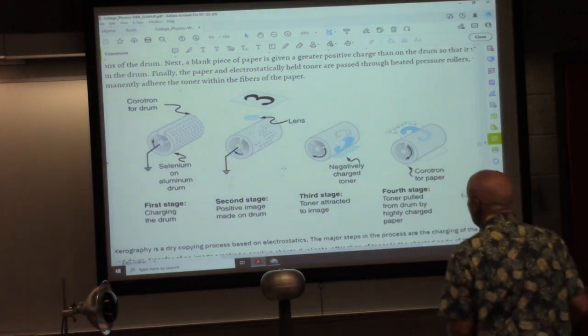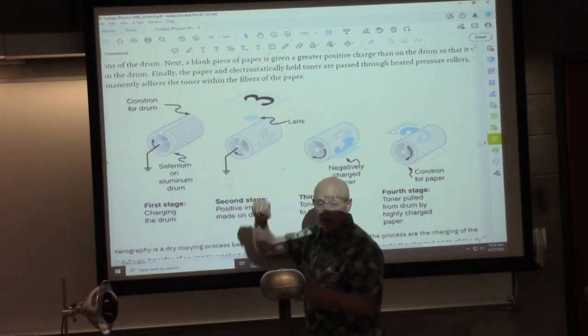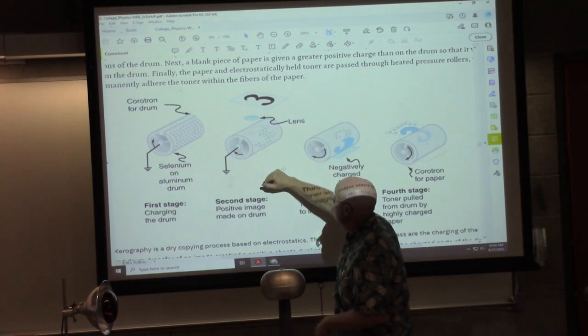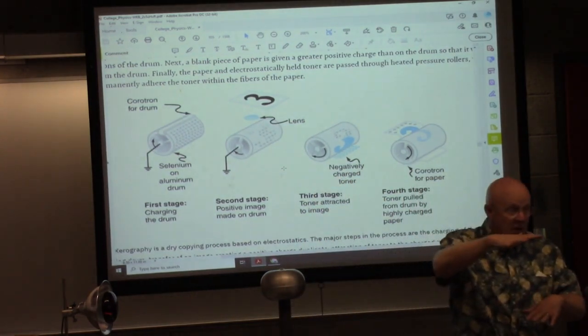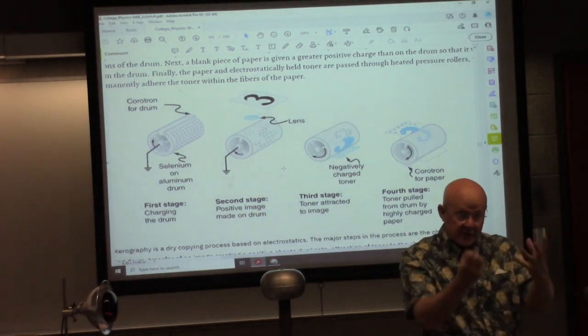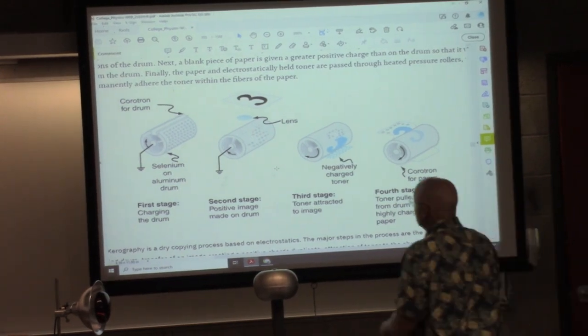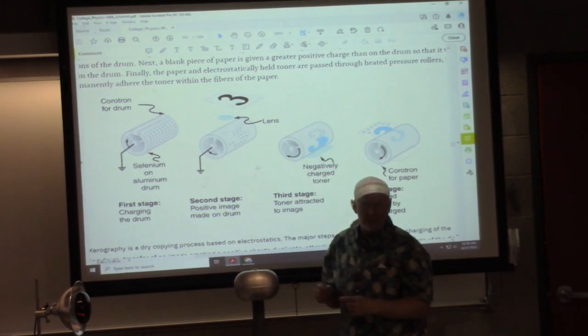Then what happens is you put whatever you're trying to make a copy of. So here's this piece of paper with the number 3, and you'll probably notice in a photocopy machine that there's this light. Sometimes it's a light that scans across, sometimes it's a big flash of light, but the light's important because the light goes up and reflects off your piece of paper and then goes on this drum.